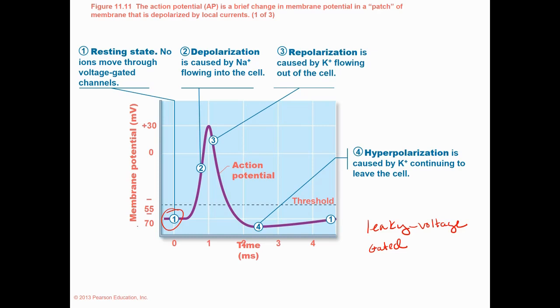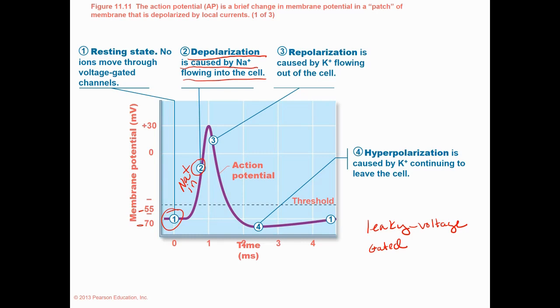So notice it's around that negative 70. These should be negatives here. All right, and so the negative 70 millivolts, nothing is happening here. But then as the sodium is coming in, this number 2 is your depolarization. So it is caused by sodium flowing into the cell.